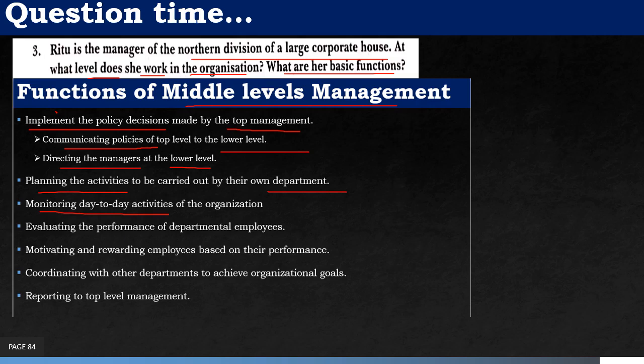Monitoring day-to-day activities of the organization. Then evaluating the performance of the employees, motivating, rewarding, and coordinating with various departments. The sales department needs to coordinate with the purchase department. The purchase department needs to communicate with the finance department. The human resource department needs to communicate with the finance department, and report all that is happening in the organization, report all to the top level management.